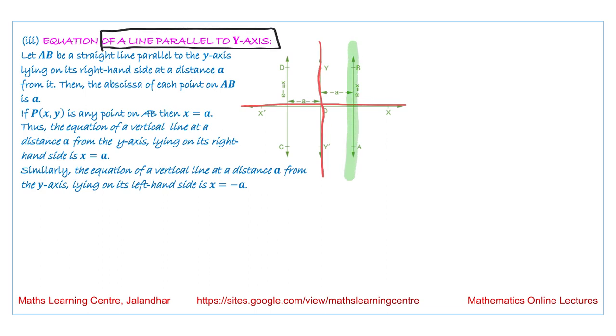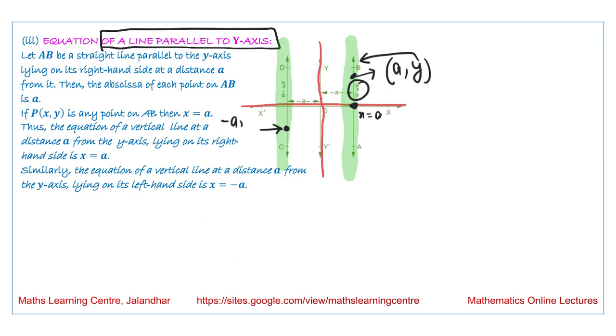One passes through the point A, and the other passes through the point minus A. If we consider any point on this line, the value of x, which is equal to A, is fixed, and y can take any value. Similarly, if we take any point on the other line, it has the form (minus A, y).